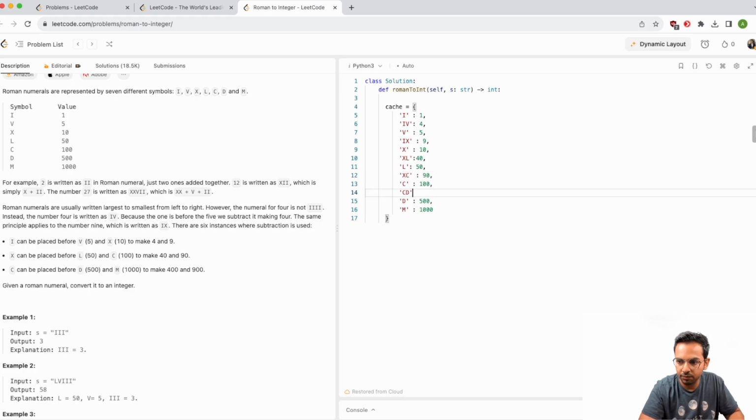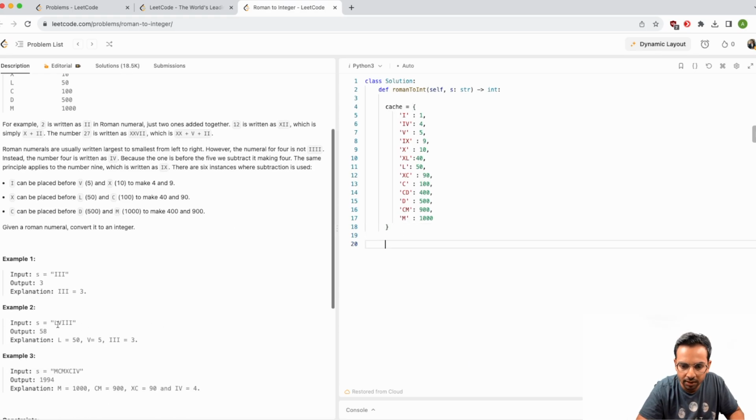CD would be 400. And CM would be 900. Okay, now we have the dictionary.